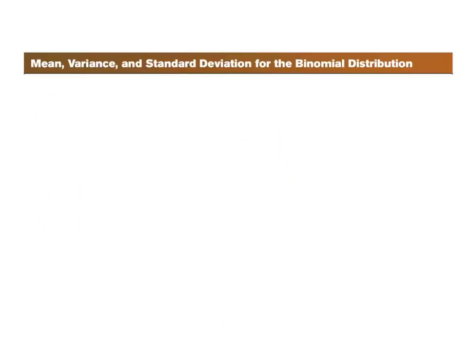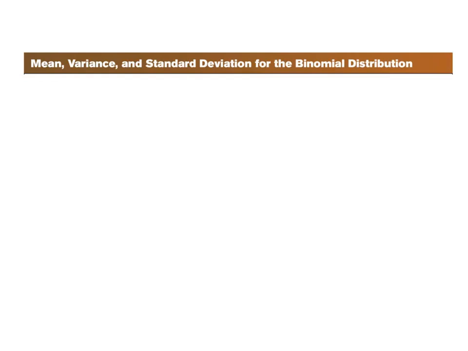Let's talk about mean, variance, and standard deviation. In a second, I'm going to show you the rest of what's underneath that brown bar, so you can take a picture of that if you wish. There are really 2 formulas that you're going to have to memorize. They are not hard.